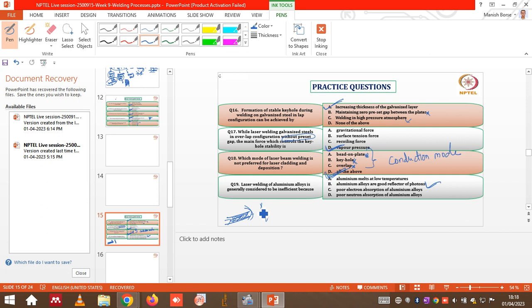So laser beam welding of aluminum alloys is obviously inefficient, because most of the photons will be reflected back. Aluminum alloys are good reflectors of photons, so because of that it is inefficient.